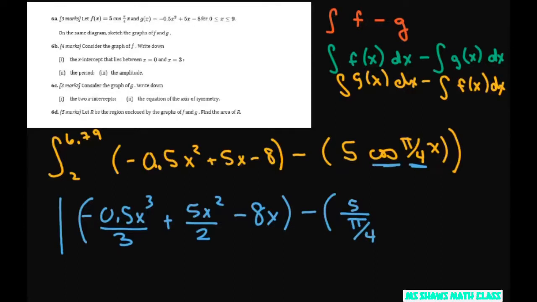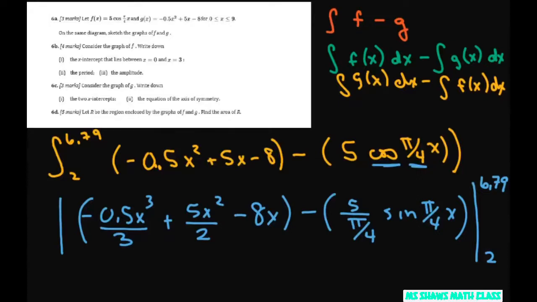And the antiderivative of cosine is sine, of pi divided by 4x. And we're going to evaluate from 2 to 6.79.